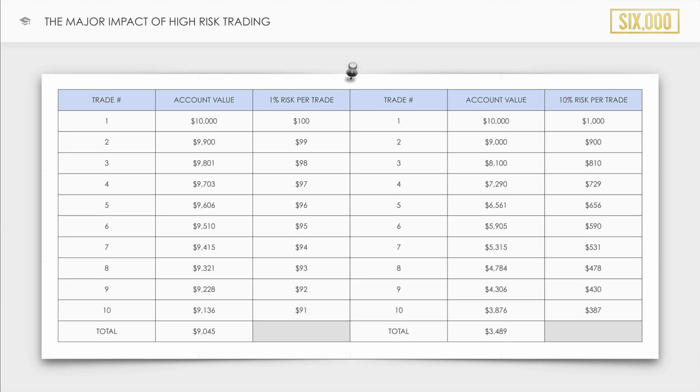If you had $100,000, you would then have around about 34k after 10 losing trades. Imagine going from 100,000 down to 34k after just 10 losing positions. Whereas if you had 100k on the left hand side and you were risking 1% per trade, you would still have $90,000. And this is why we use a conservative approach to the market.